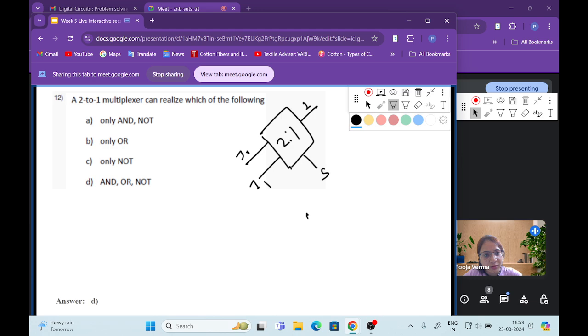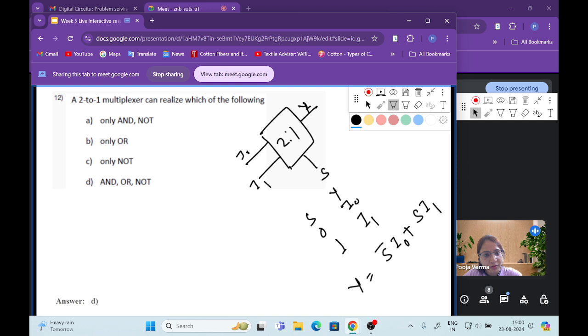So there will be one selection line. S can be 0 or 1, so only two combinations are possible. What will be the output? When it is 0, the selection line will select I0, and if it is 1, it will be I1. So the overall output, let's call it y, is S dash I0 plus S I1, right?